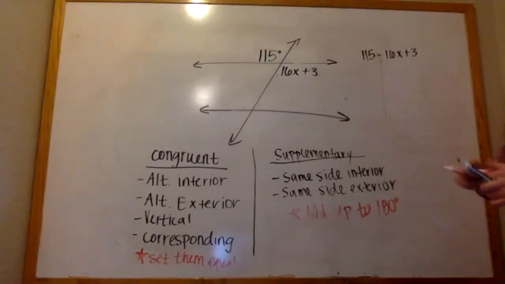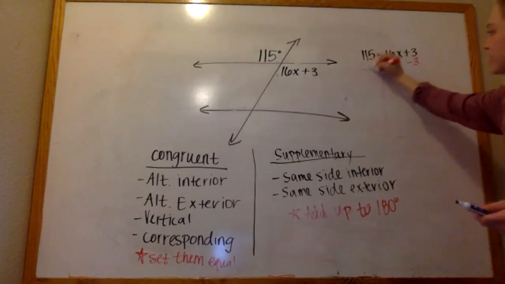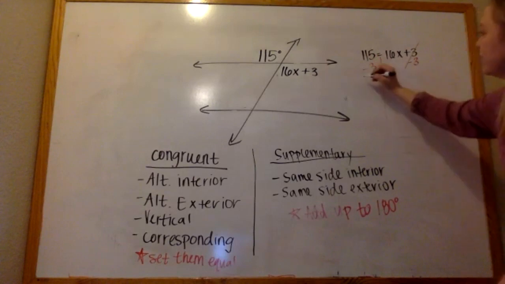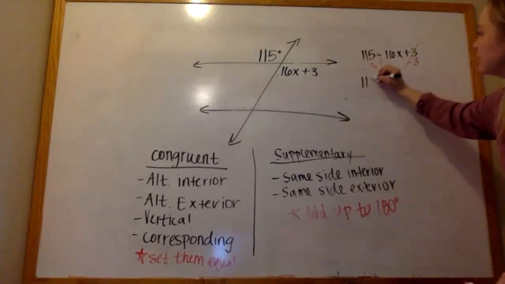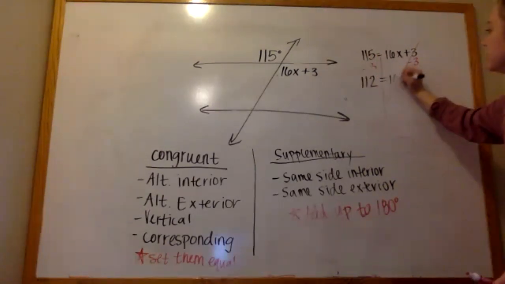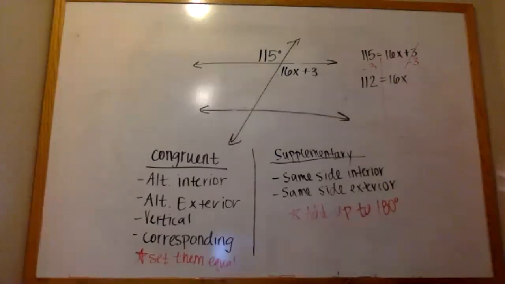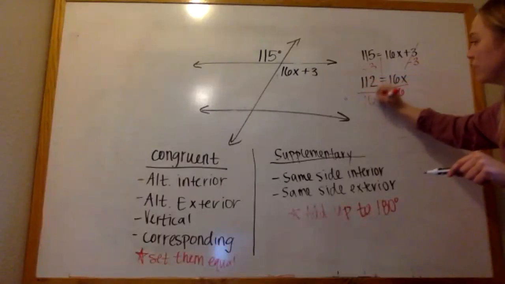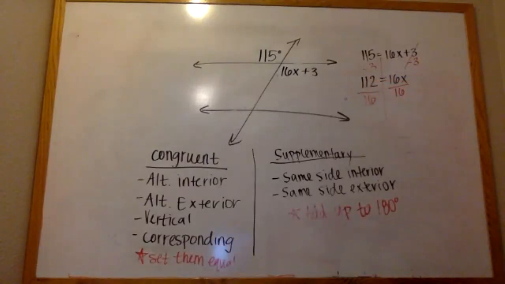I can separate these 2 sides, and my job is to solve for x. So I can subtract 3 from both sides, and I get 112 equals 16x. All right, I do not have a calculator on me, and I can guarantee you that I don't know the answer to 112 divided by 16.